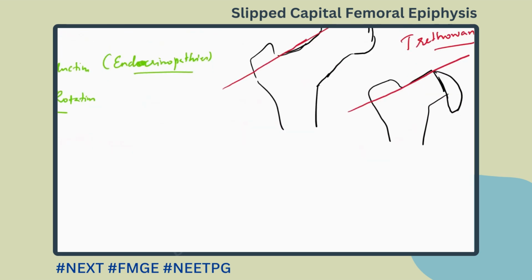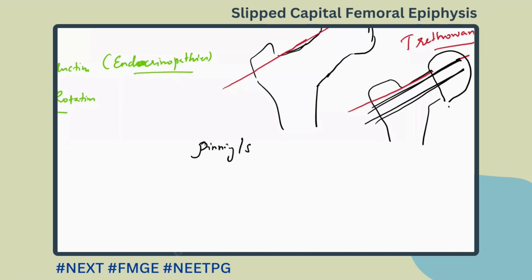Okay. So how are you going to treat this condition? Once the head has slipped out, you have to reduce the head and fix it with a pin. You reduce the head back like this, and you put screws to fix it. So pinning or screw fixation is the treatment of choice.